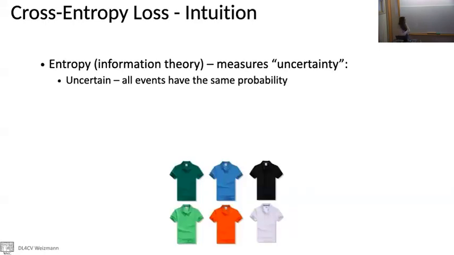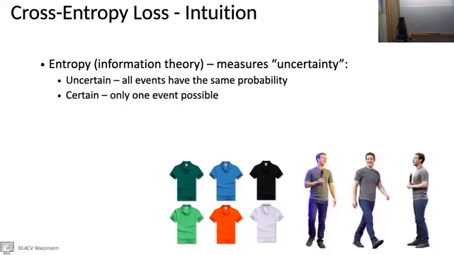Like we don't know on Monday what color shirt Asaf will come in, all the shirt colors are possible. And what I mean by certain is that only one event is possible. I know that Mark Zuckerberg will always wear a gray shirt all the time. So I'm certain this is the event that is going to occur.